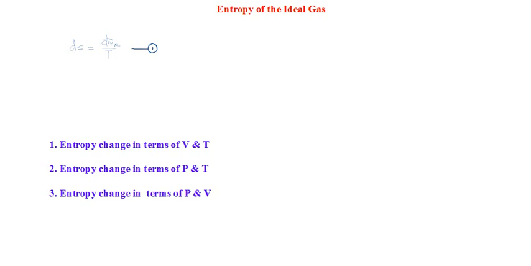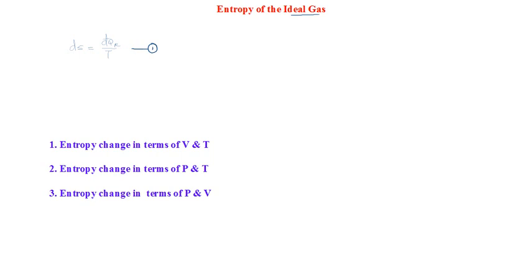So in this session, we'll be finding the change in entropy of our ideal system, which is nothing but the ideal gas, under various conditions. We will obtain the entropy change of the ideal gas system in terms of different thermodynamic coordinates.